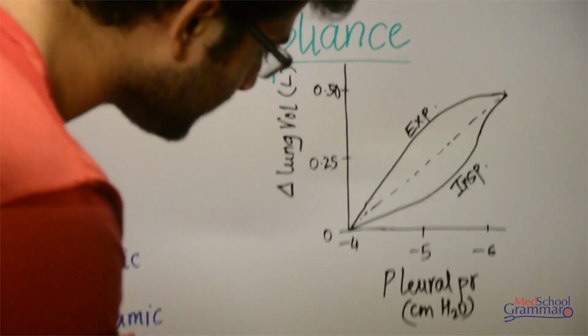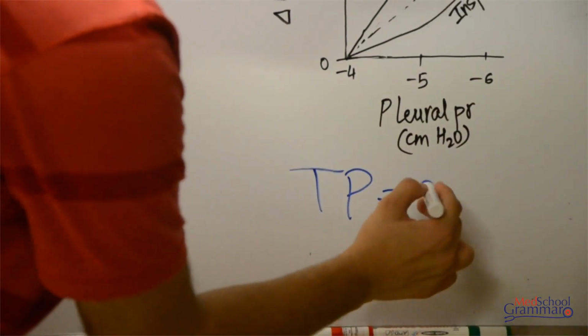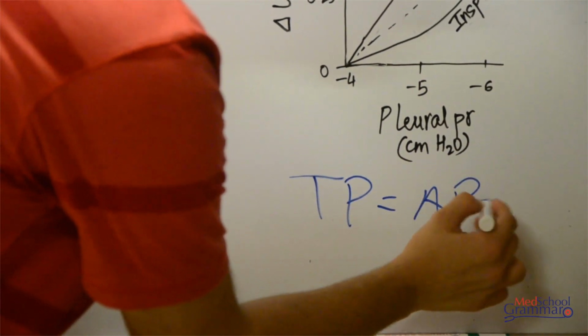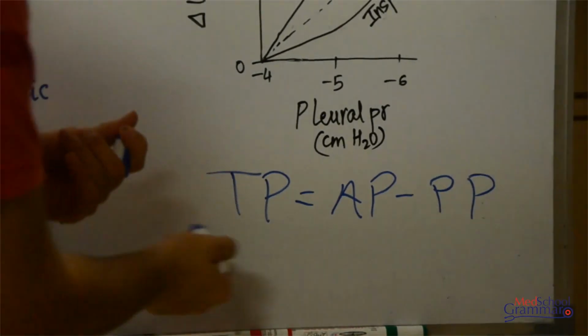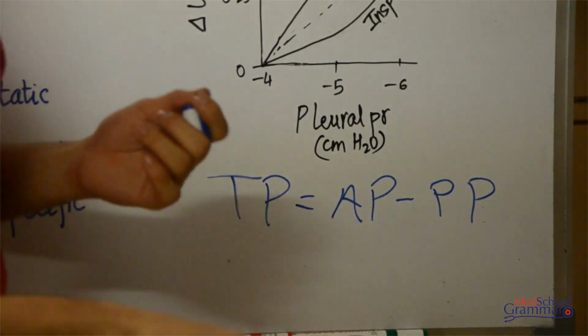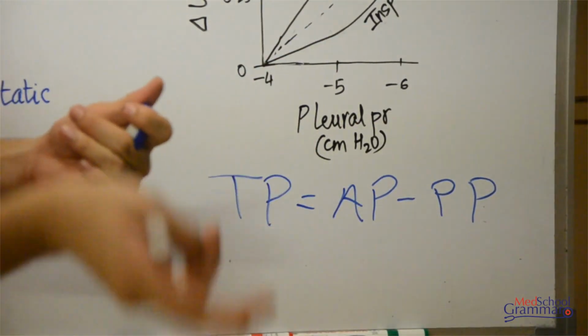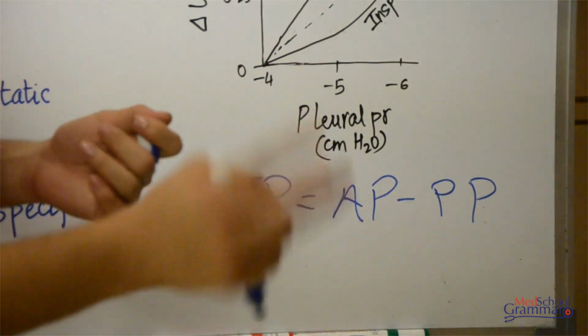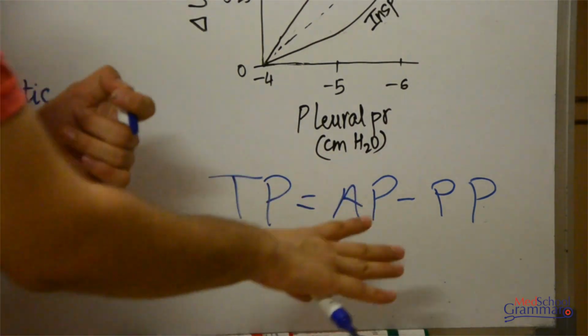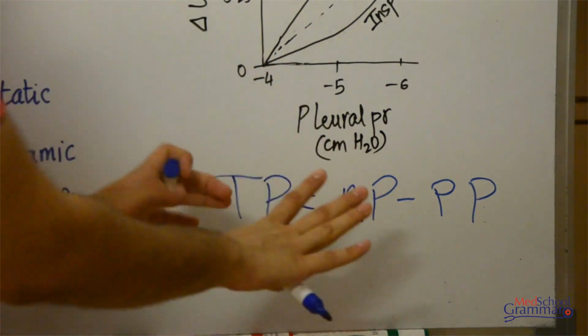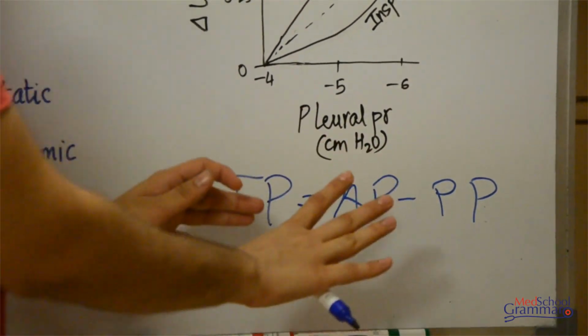Transpulmonary pressure mathematically is equal to alveolar pressure minus pleural pressure. Transpulmonary pressure is the pressure across the lungs, pleural pressure is the pressure across the pleura, alveolar pressure is the pressure across the alveoli. We'll discuss them in detail further on. Just remember for right now that this is the formula.